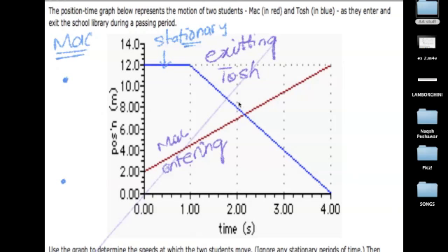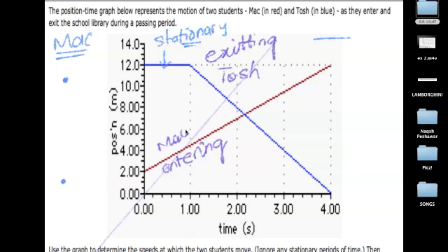You remember from the previous lectures that the gradient of the position time graph gives us speed. So when there is a horizontal line, the gradient is 0, and so the speed is 0. Here we have a gradient, and we can predict just by looking at it that it will be a negative gradient. You will always have to see whether it's a negative or a positive gradient.